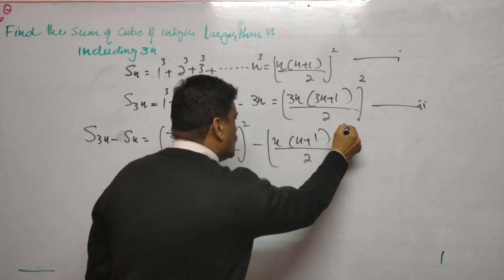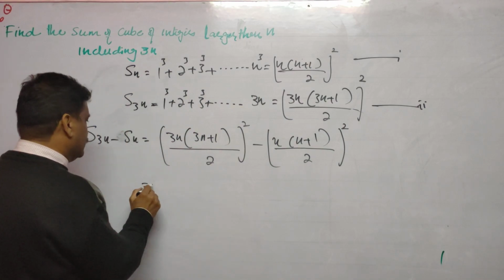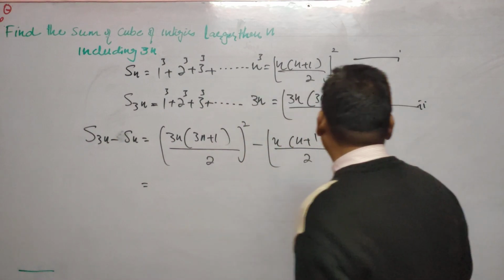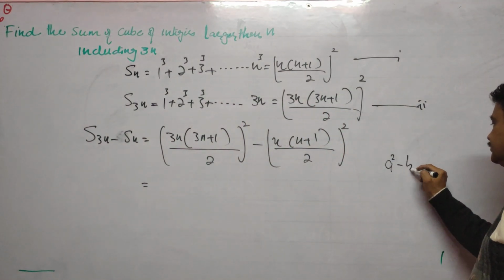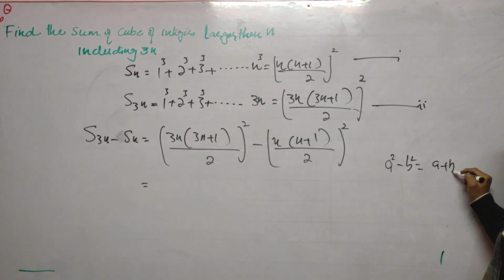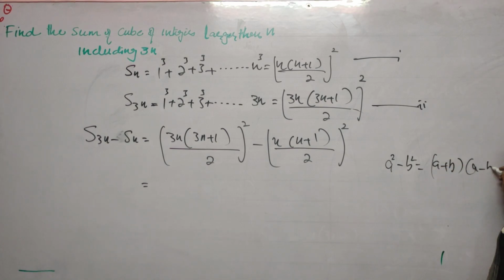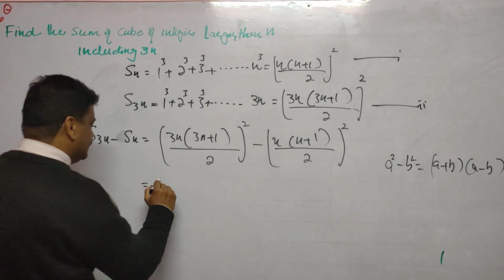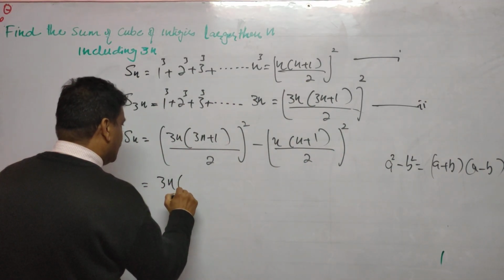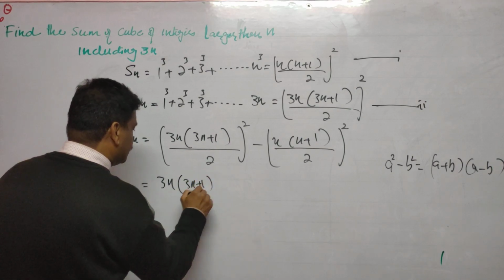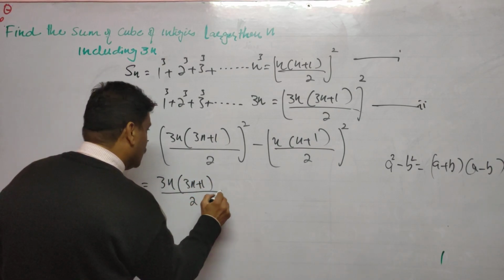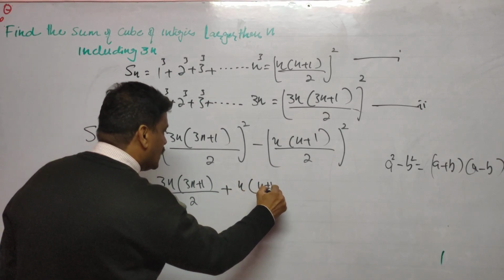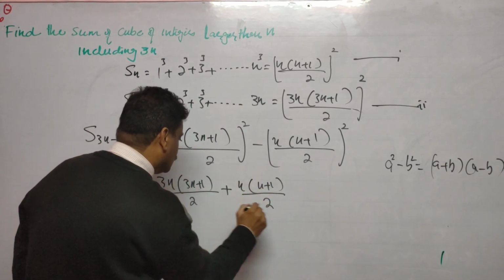whole square. Now on simplification, we can write a square minus b square as a plus b times a minus b. We now write 3n times 3n plus 1 by 2 plus n times n plus 1 by 2.